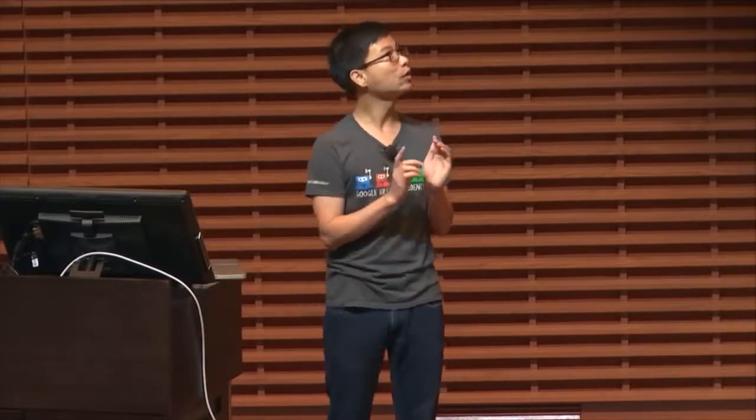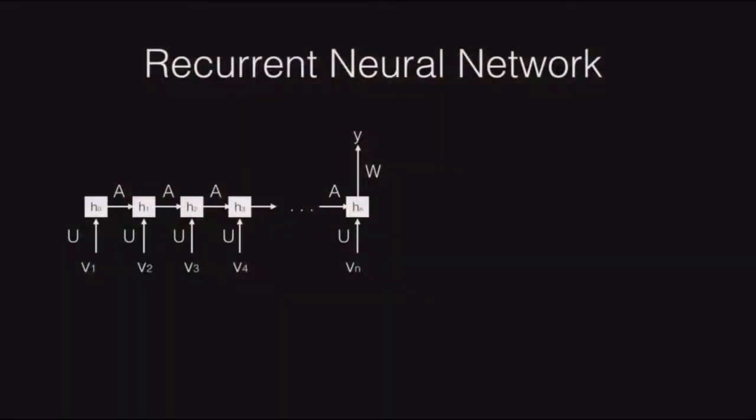So the matrix U is shared. I'm going to go back to one slide. So the matrix U is shared for all the recurrent steps, right? And the size you have to determine ahead of time. For example, the number of columns would be the size of the word vectors, but the number of rows must be like 1,000 if you want, or maybe 255 if you want.